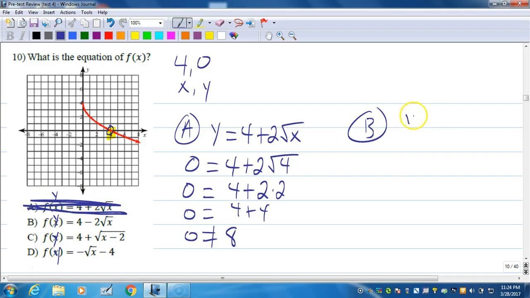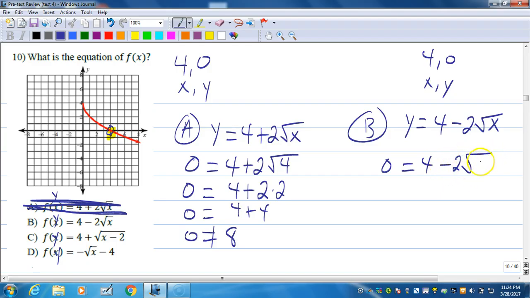Now you go to B. B says y is equal to 4 minus 2 square root of x. Again, same process. The y is right here. Y is 0, is equal to 4 minus 2 square root of x. X is 4.